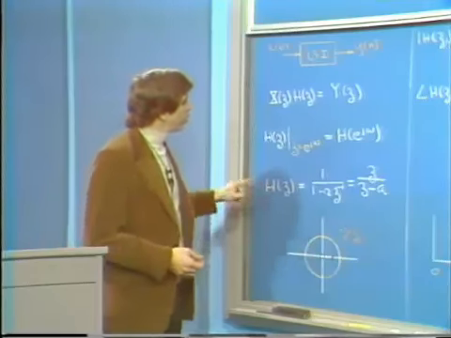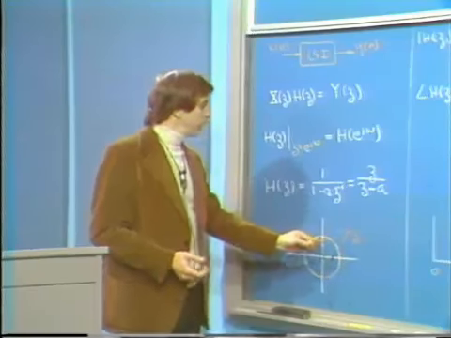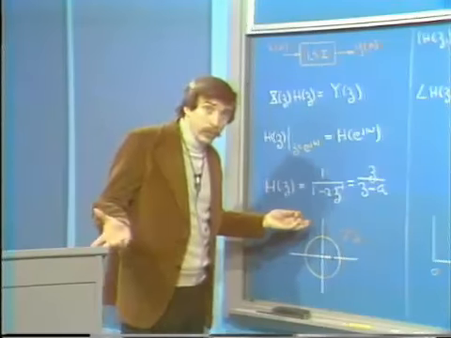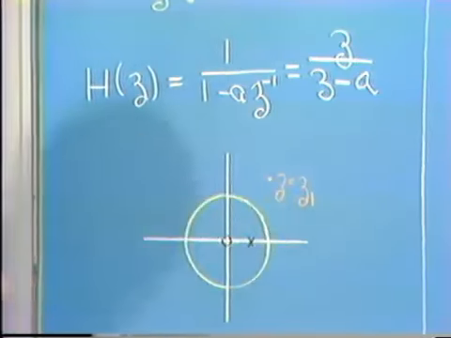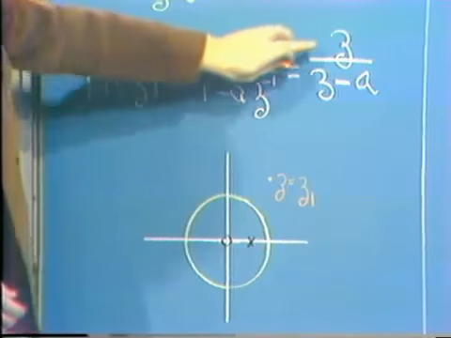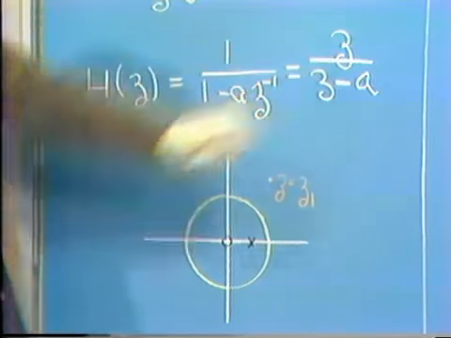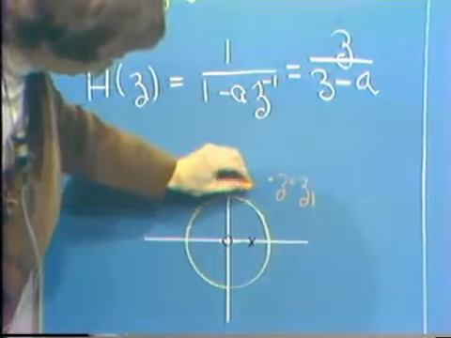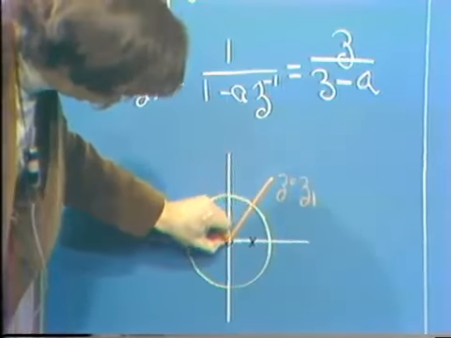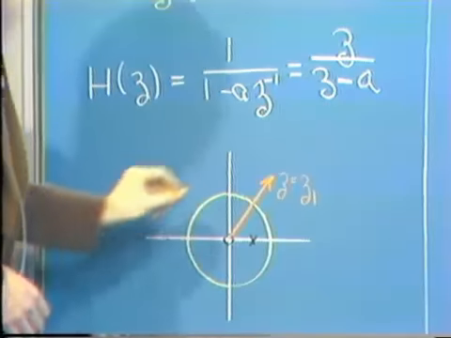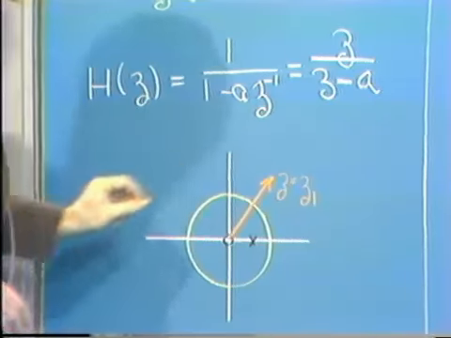In other words, suppose that we want to look at h of z at some value of z, and let's say, for the moment, not on the unit circle, or it could be on the unit circle. Let's just pick a general value, z equals z1. We have a vector corresponding to this complex number z, a vector going from the origin out to this point. So this is a vector z1, because we're evaluating this at z equals z1.